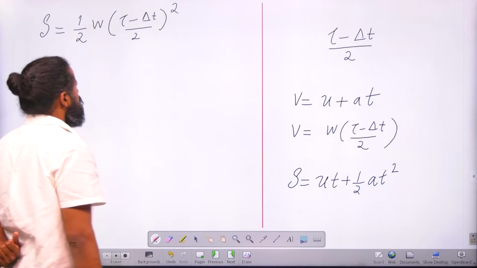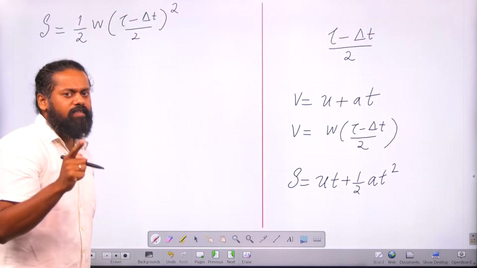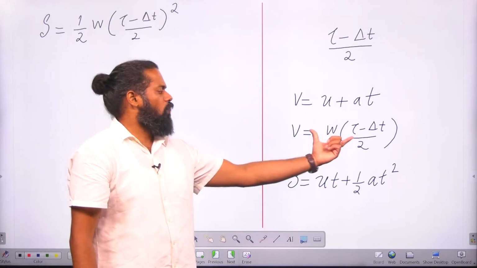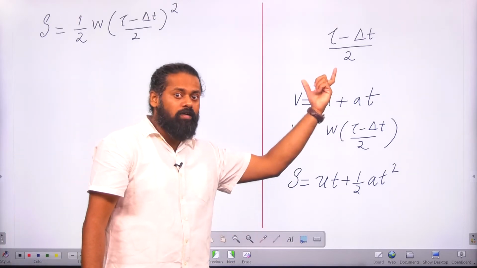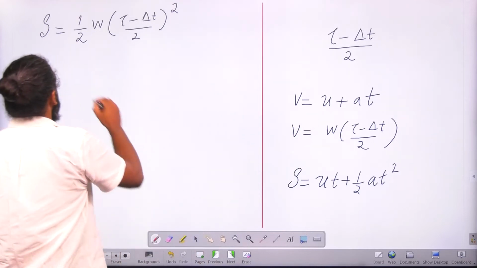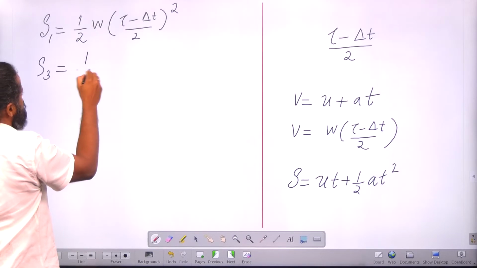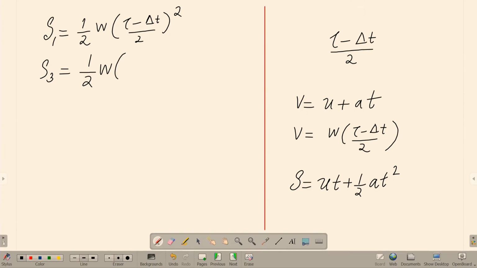Now, see, the same amount of displacement will be there during deceleration, because we reach the maximum velocity, and from there we are moving to 0 again at the same rate w. We can say that this is S1, and S3 we can also write down, because of the same deceleration, as half w times tau minus delta t divided by 2, the whole square.